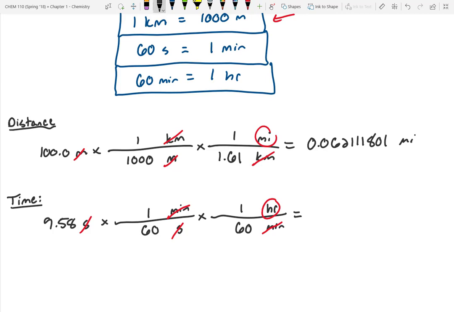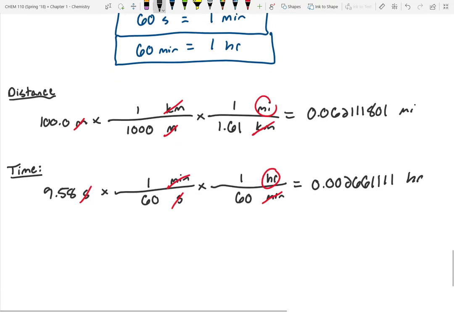All right, so let's plug that in. So we got 9.58 divided by 60 times 60. And I'm getting an answer of 0.002661111 hours, right?